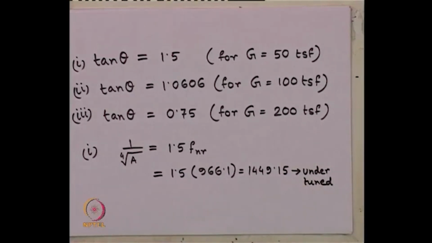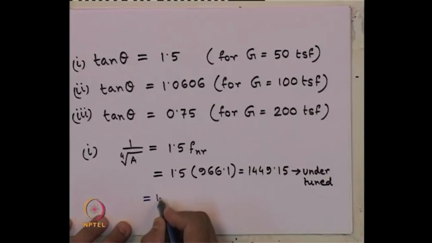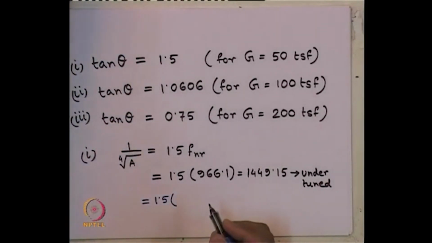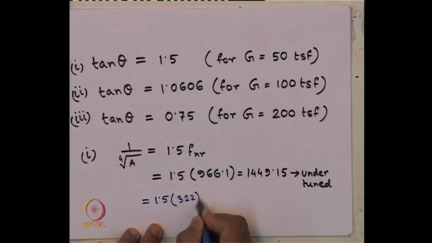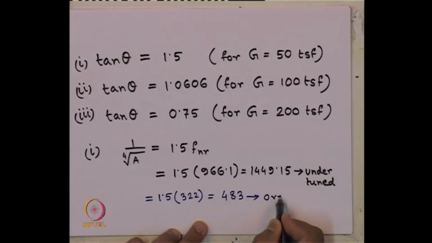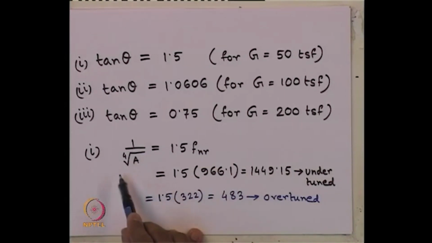And the other case, for overtuned, it will be 1.5 times FNR. In that case, FNR how much we got? 322,483. This is for overtuned. Okay? Do not write the units here, because here the unit will be 1 by 4th root of feet square.